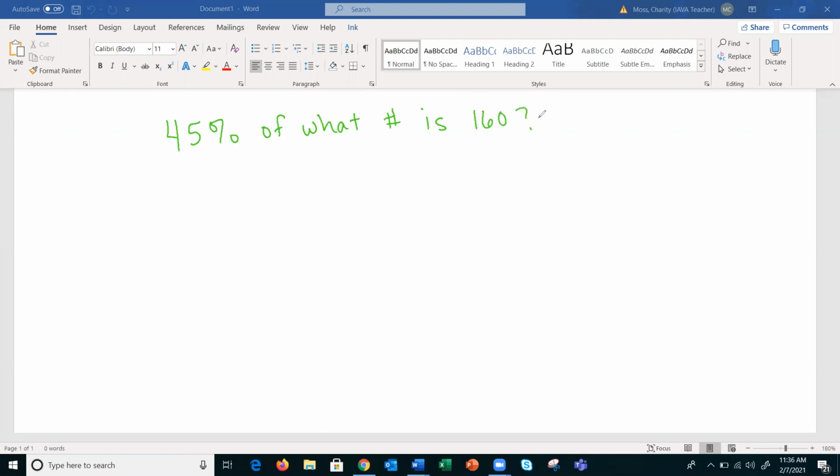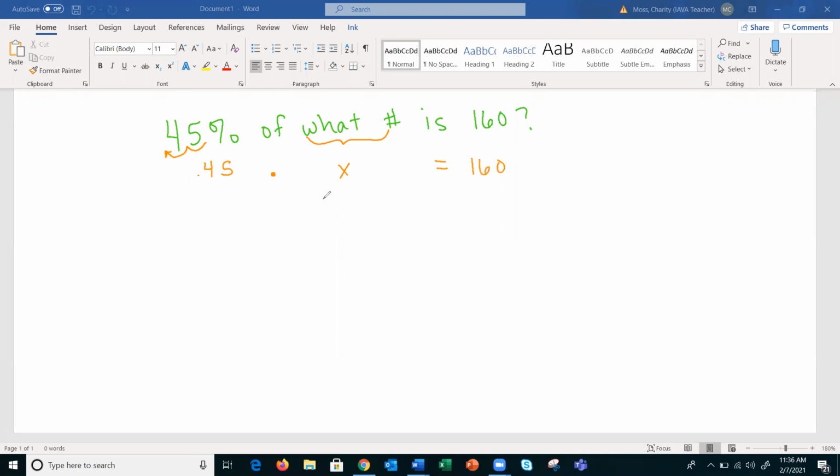All right, remember our key pieces: "of" is multiply, "is" is equals. "What number" is our variable. Always change your percentage to a decimal, so 0.45, and "is" 160.